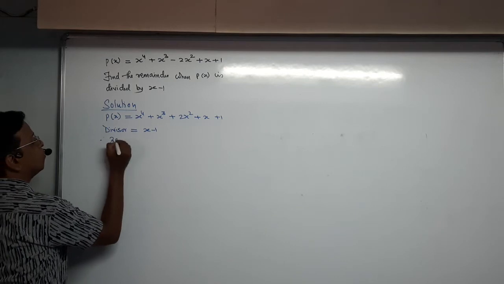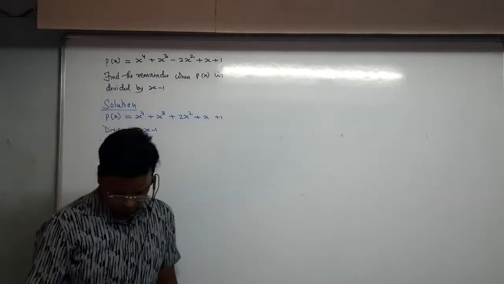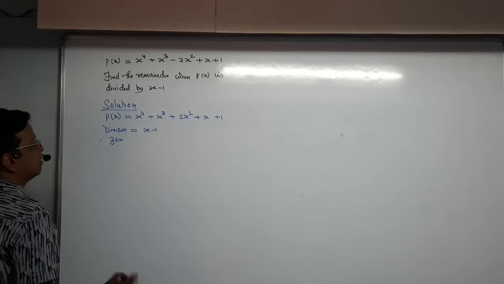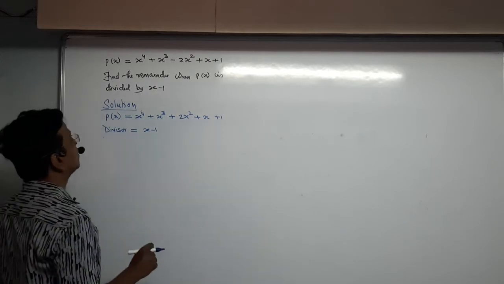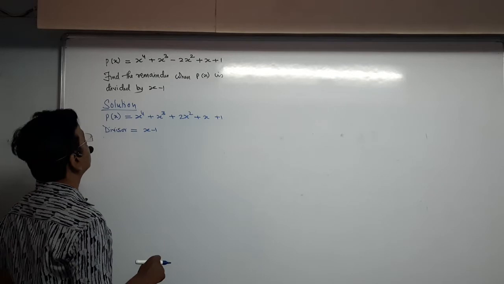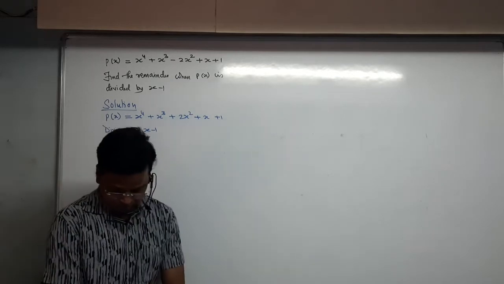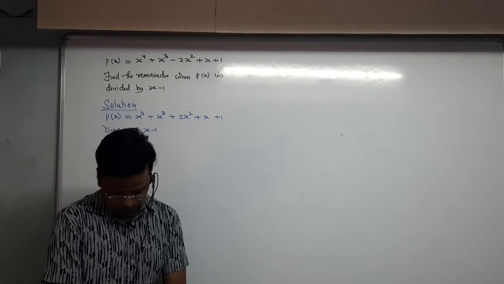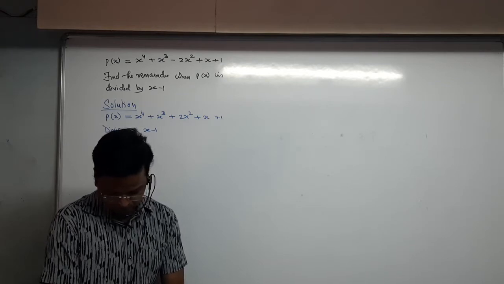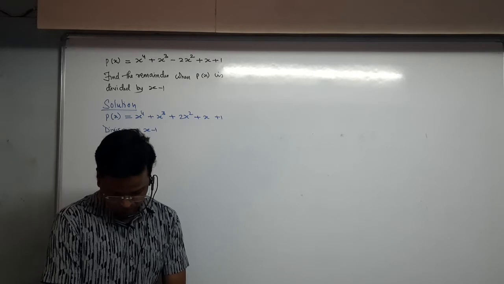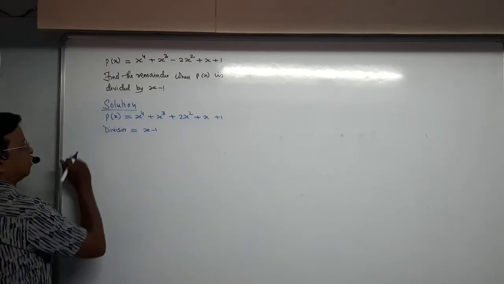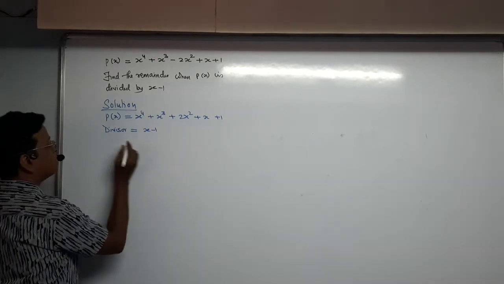Therefore, you can't say zero. This is wrong presentation. See, you have to take only this much. Don't do this. Divisor is equal to x minus 1.